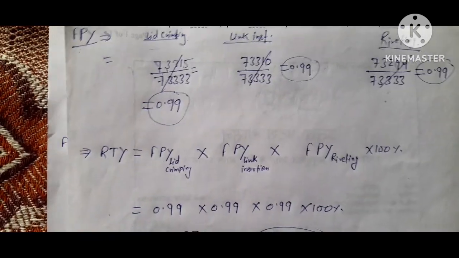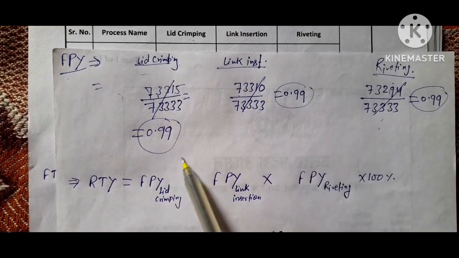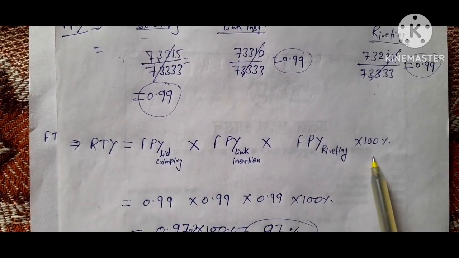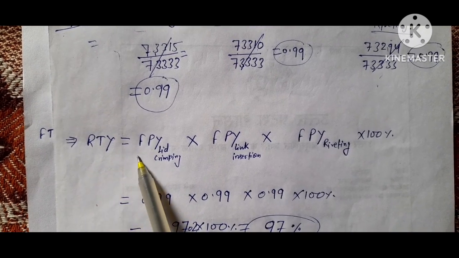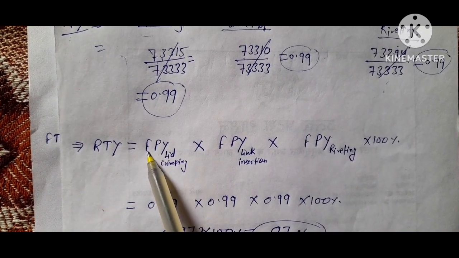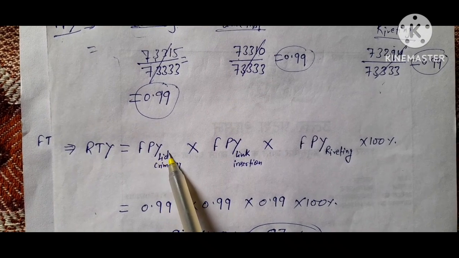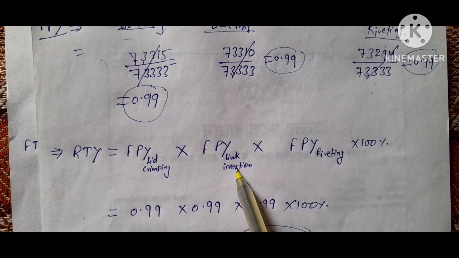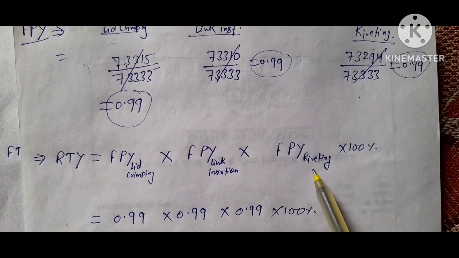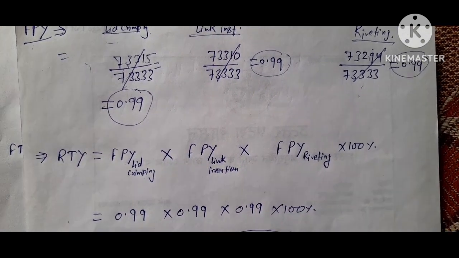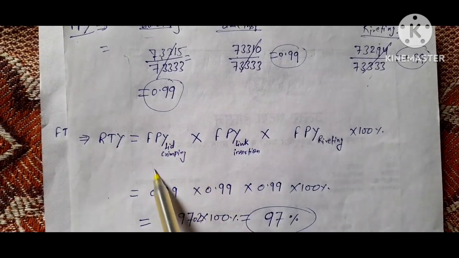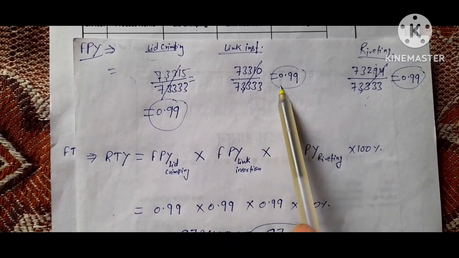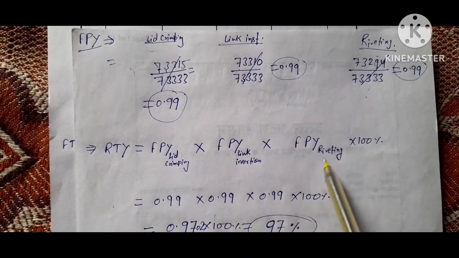Here, after getting each process value 0.99, 0.99, 0.99, we put them in this formula: RTY, rolled throughput yield, equals FPY in the lead crimping process multiplied by FPY in the link insertion process multiplied by FPY in the riveting process, multiplied by 100%.